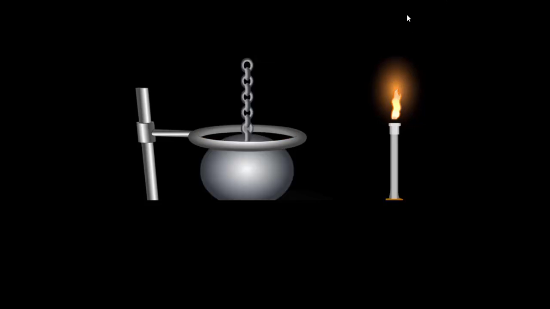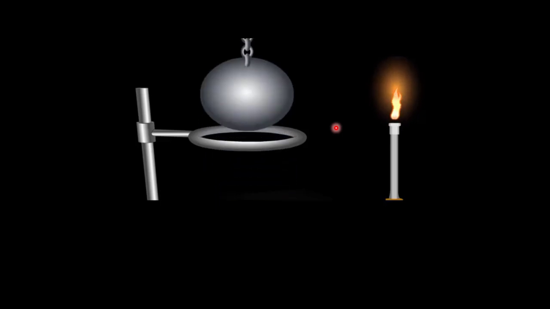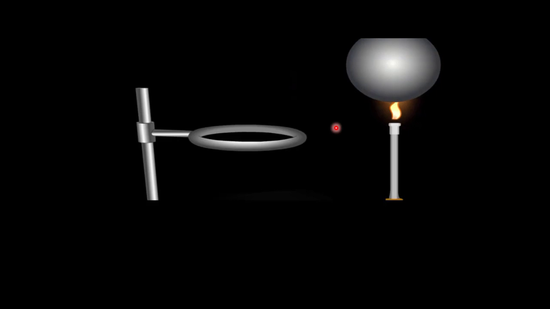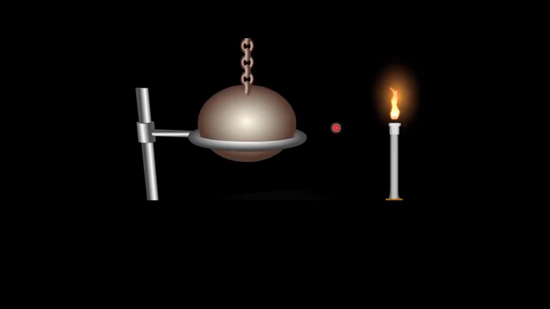At room temperature, as you can see, the ball goes through the ring comfortably because neither has experienced any expansion. But once you heat the ball on this source of heat, the ball is not able to go through the ring.